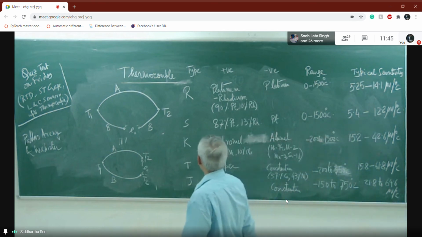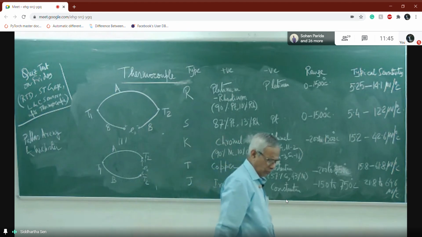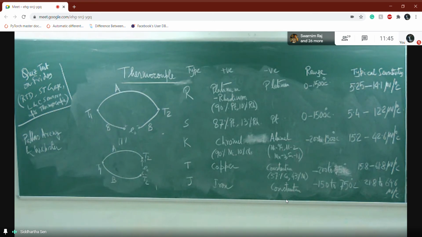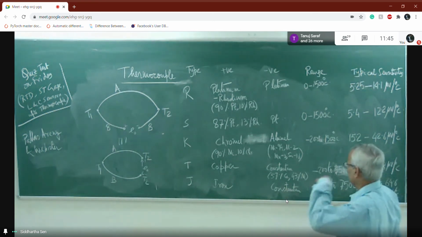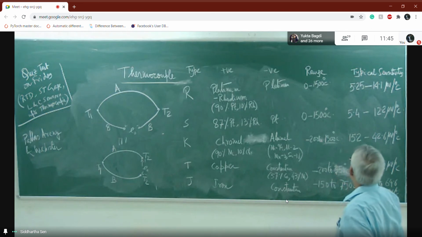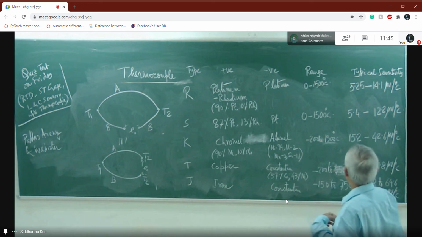So mostly these are the 5 materials, and there are 1 or 2 more which are not so popular: basically J, K, R, S, T. Thermocouples can measure temperature up to around 1500 degrees Celsius.